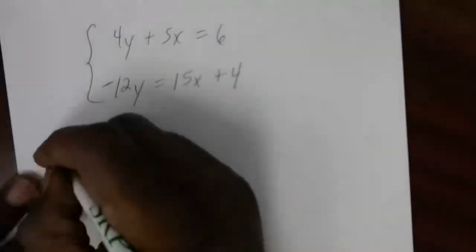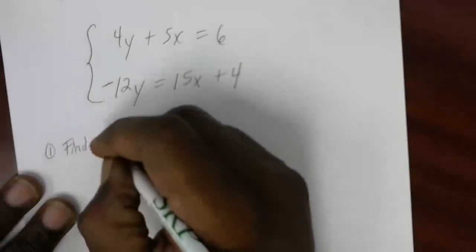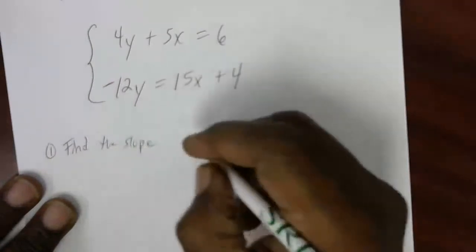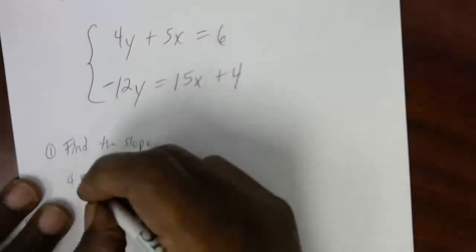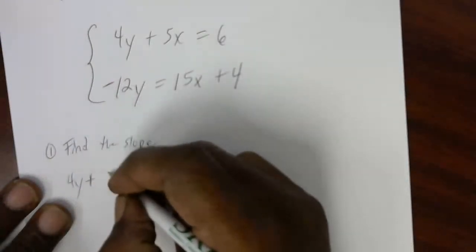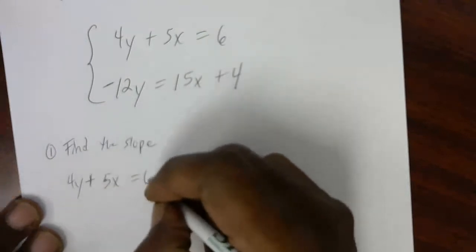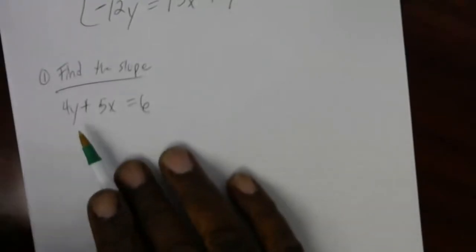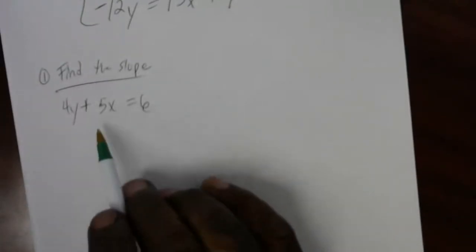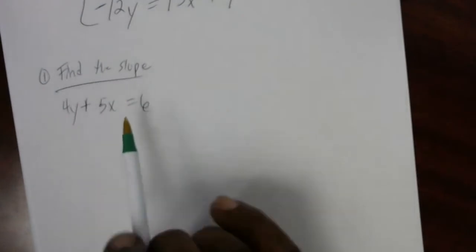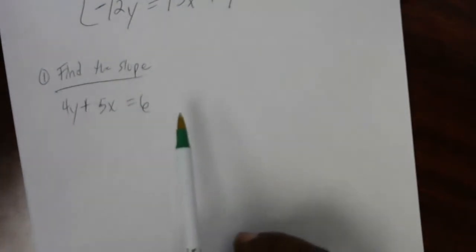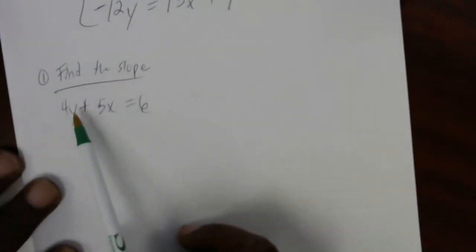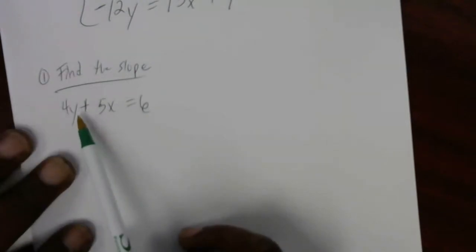Okay, so the first thing we're going to do is find the slope for 4y plus 5x is equal to 6. First, I'm going to locate y, right? And y is on the left-hand side.